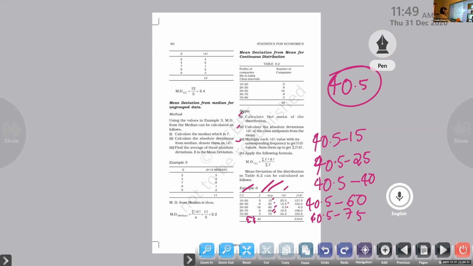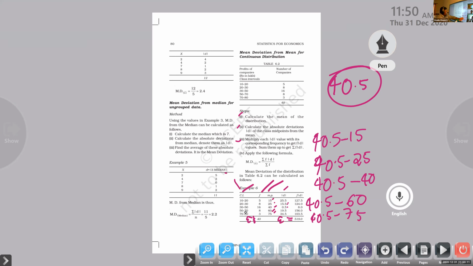So F into D. So 25.5 into 5, 15.5 into 8, 0.5 into 16, 19.5 into 8, 34.5 into 3. So you will get numbers like 127.5, 124.0, 8, 156, 103.5. If you add all together, you'll get the sum of FD. That's the sum here, 519.0. Got how these digits are formed here, right?